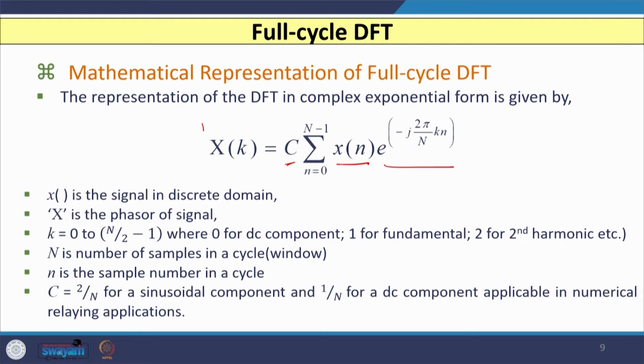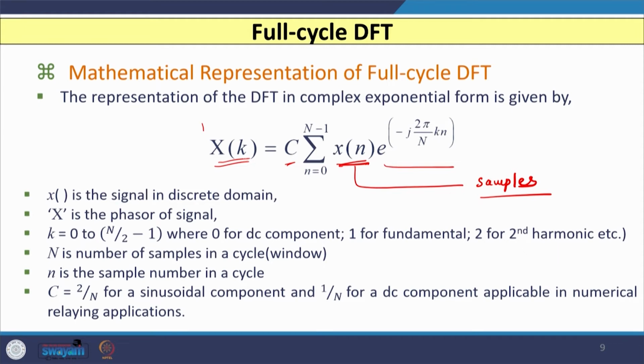Here x of n is nothing but the signal in discrete domain, that is, the samples available for any signal which we are going to acquire. Capital X on the left hand side is the phasor value of the signal, right.